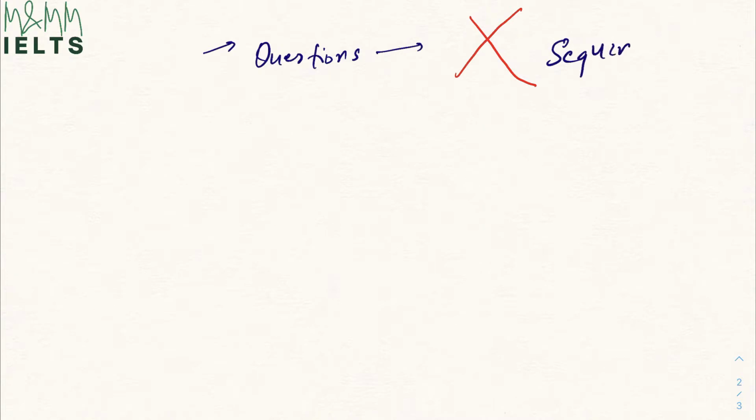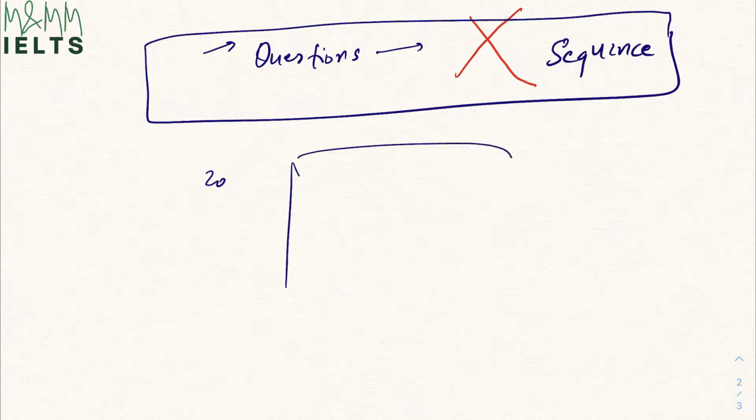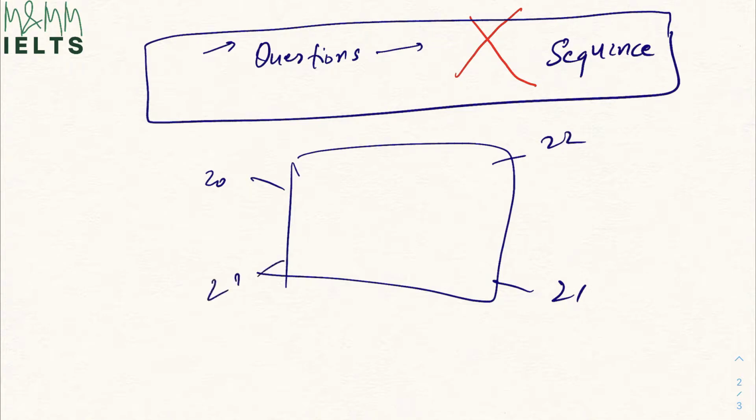So if you remember in the listening videos, we discussed that if they have, let's say, a diagram, and they have written 20 here, 21, 22, 23. When you start listening to the audio, you will hear the audio in the sequence, as in they will give you the answer for 20th first, then 21st, then 22nd, then 23rd. In the reading section, they do not follow the sequence.